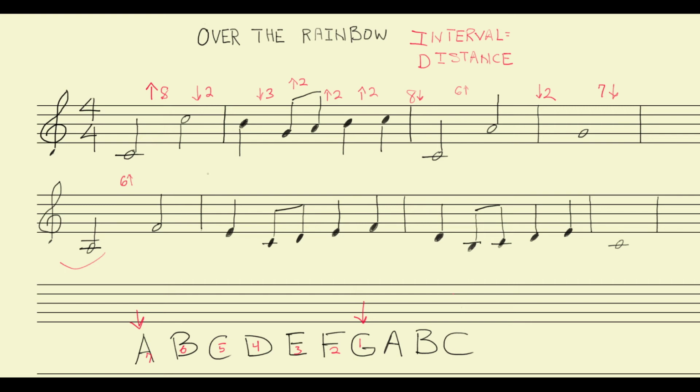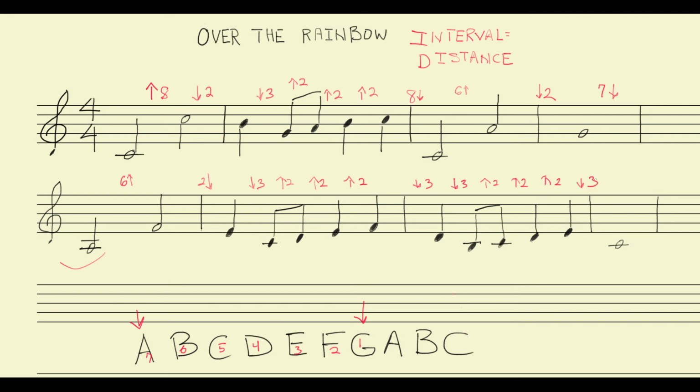Then down the interval of a second, down the interval of a third, up the interval of a second, up the interval of a second, up the interval of a second, lots of seconds here, down the interval of a third, down a third, up a second, up a second, up a second, and down a third.